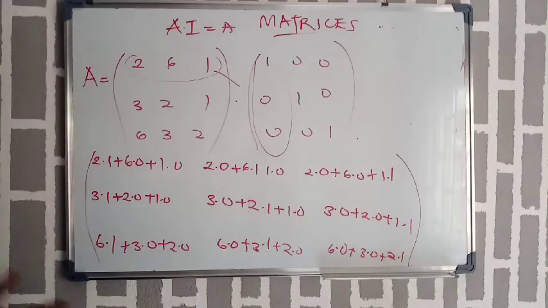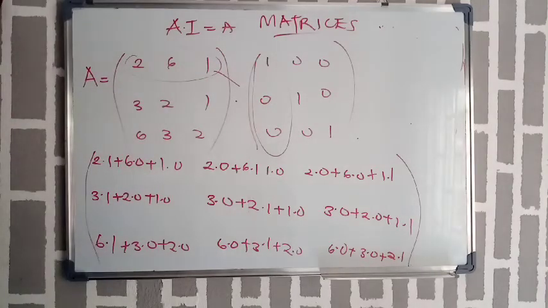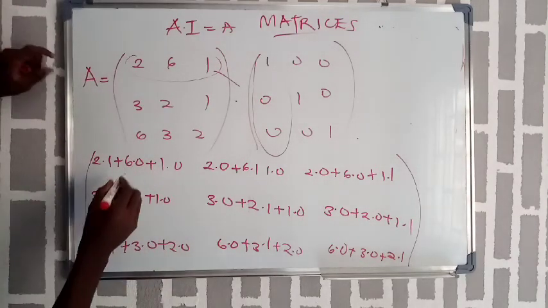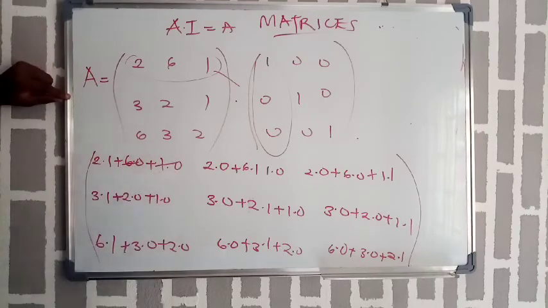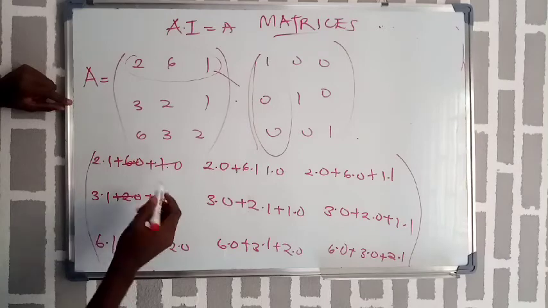So now I'm going to check to see if you are going to come back to this original matrix. Remember, 6.0 is 0, so here is going to cancel out, here is going to cancel out. You are left with 2.1. Here is going to cancel out, here is going to cancel out.